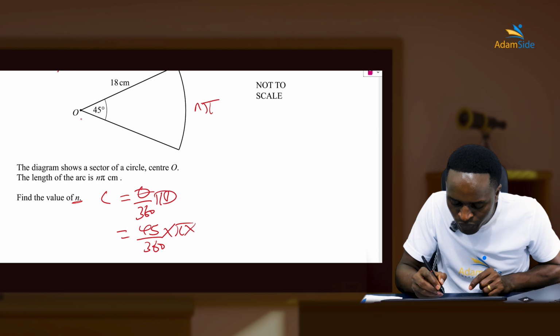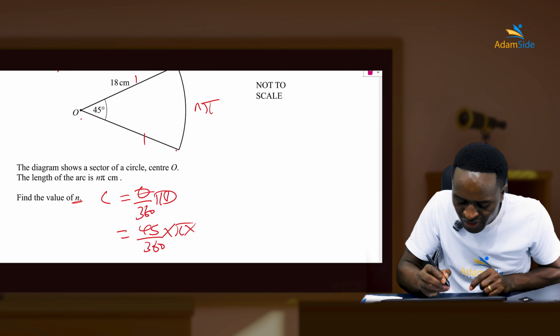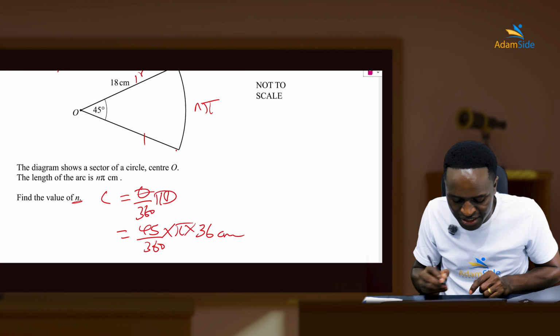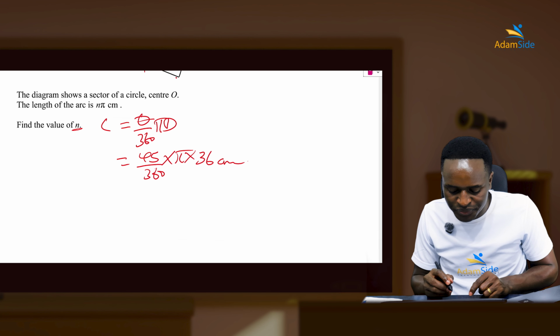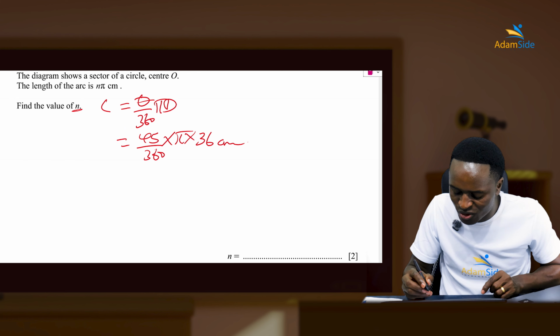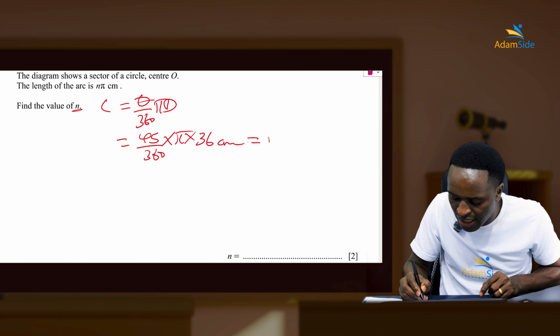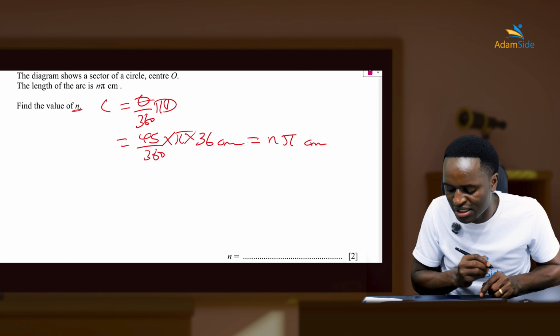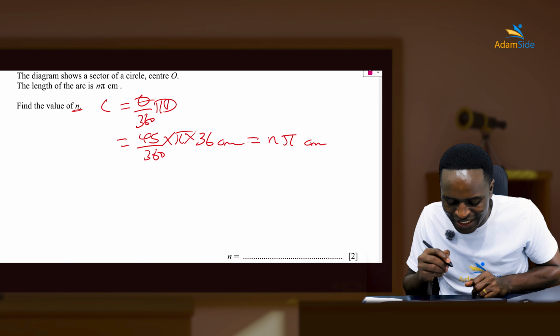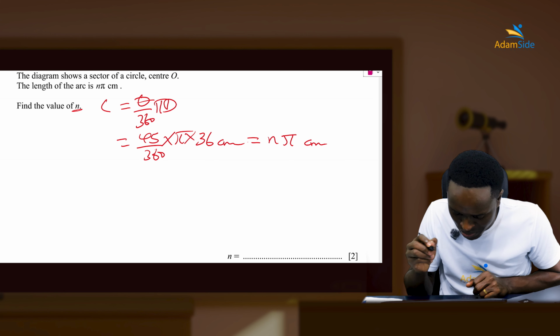O to a point here, and O to this is called the radius. They are both 18, so the diameter will be 36 centimeters. They say the length of the arc is n pi centimeters, so this will be equal to n pi.